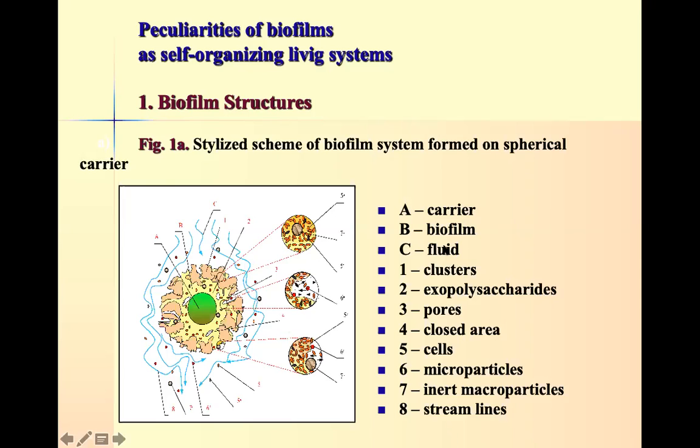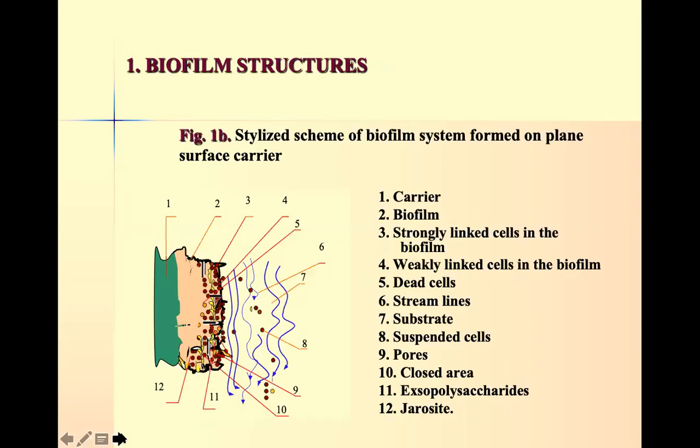So you can easily check one by one the different components of the biofilm structure and get the detailed information. There is biofilm on a plane surface also, for example, a wall or a drainage wall. On a plane surface, they also form biofilm. This is the plane object, and this is the surface.